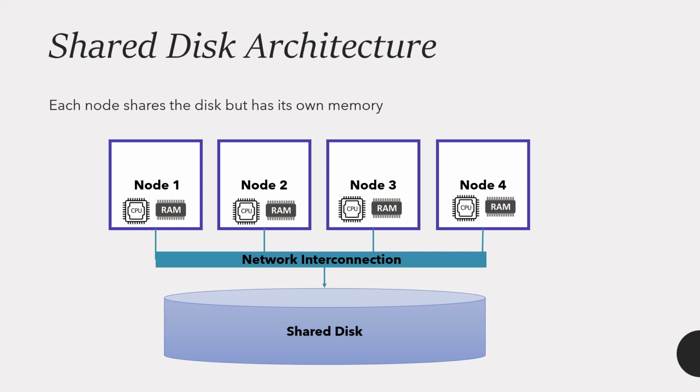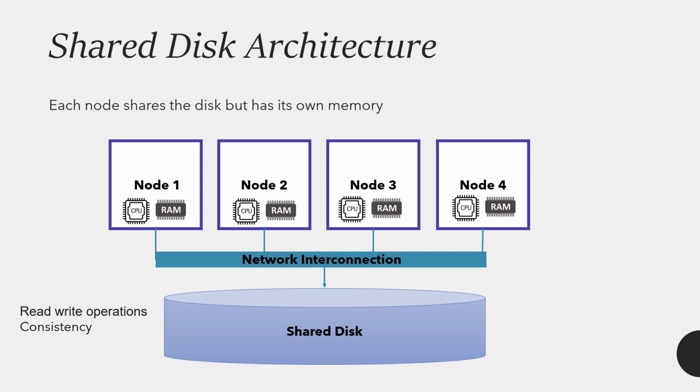But as the name says, in a shared disk architecture all of these nodes have their own CPU and RAM, but they are sharing a disk. This was a very commonly used distributed architecture. Many of the databases used to use this architecture. The benefit of this architecture is that the read-write operations are simpler because it's not a distributed read or write setup.